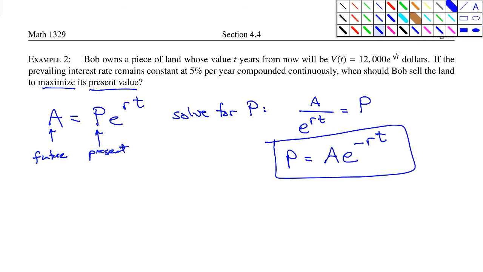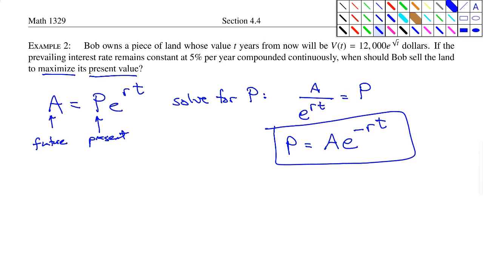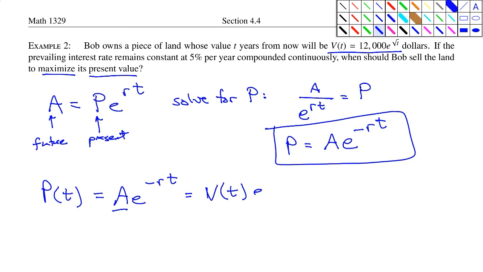Now, what we know is that we can create this function P of t equal to A times e to the negative r t, but the A is really going to be this future value. And the future value of the land comes from the V of t function. So I'm going to change this to V of t, e to the negative rt.